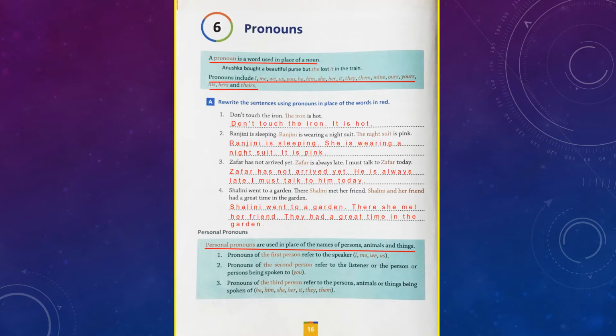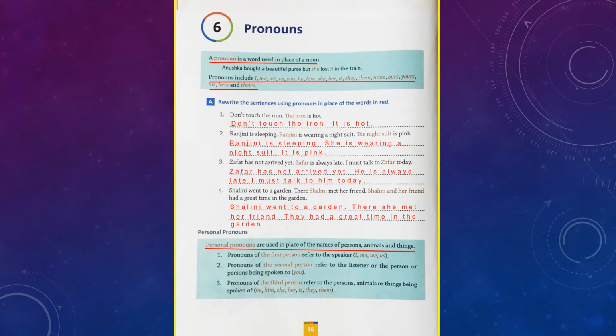Okay, they have given us examples and they have also given us different types of pronouns. So you need to underline that pronouns include I, me, we, us, you, he, him, she, her, it, they, them, mine, ours, yours, his, hers, and theirs.